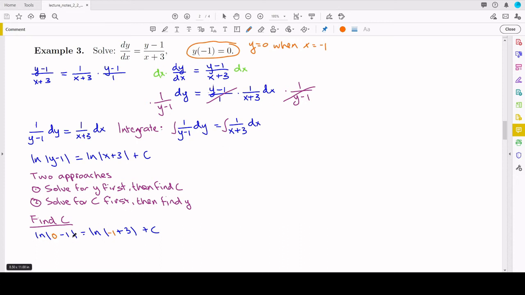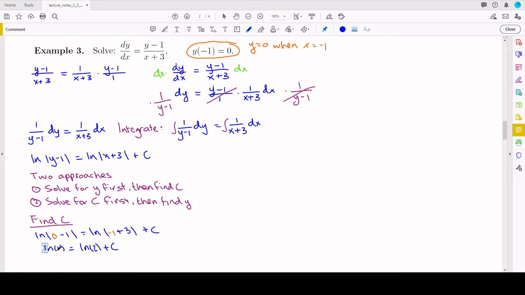And so we get, on the left, ln of 1 equals ln of 2 plus c.